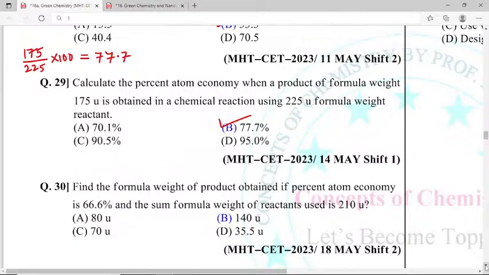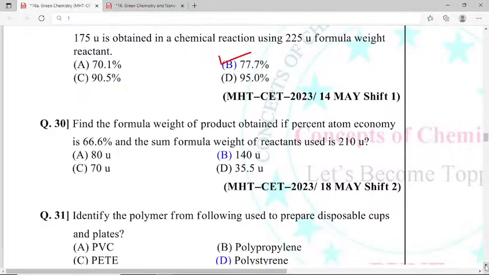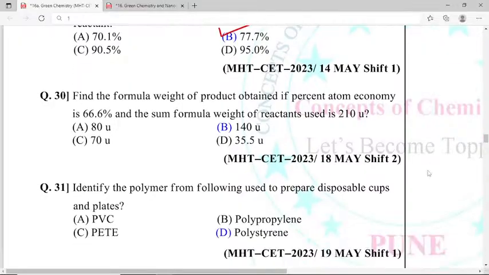Next question. Find the formula weight of the product if the formula weight of the product is X, if the percent atom economy is 66.6 and the sum of formula weights of reactants is 210. So 66.6% is equal to X divided by 210 multiplied by 100, and we'll get the X value.